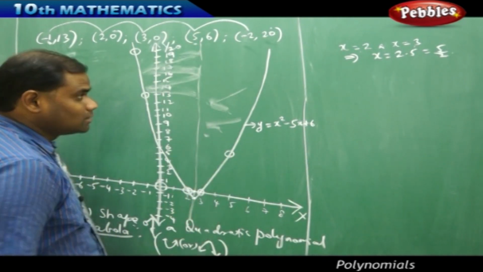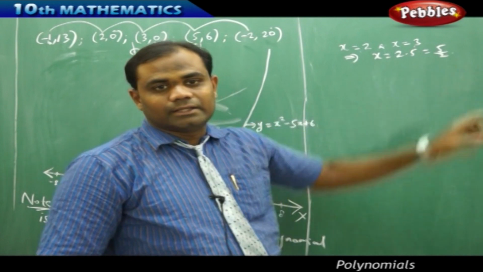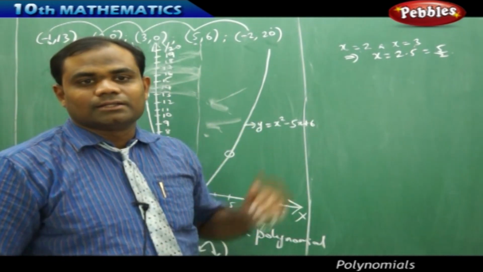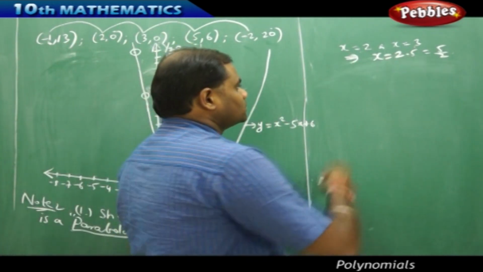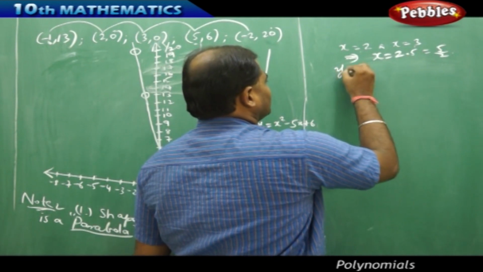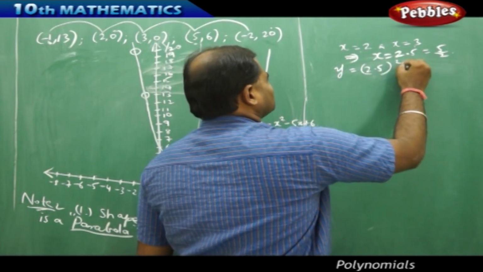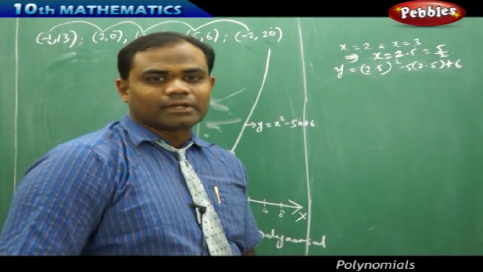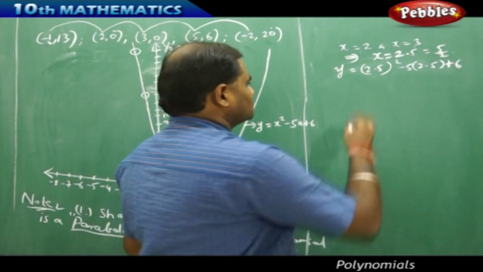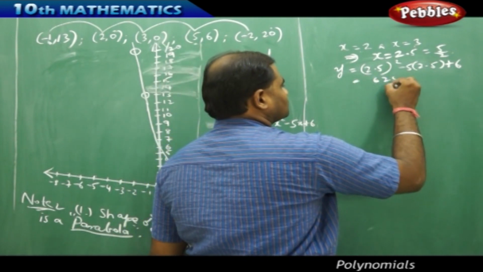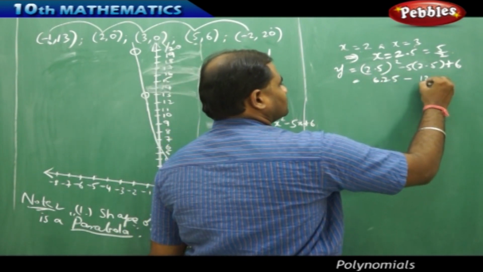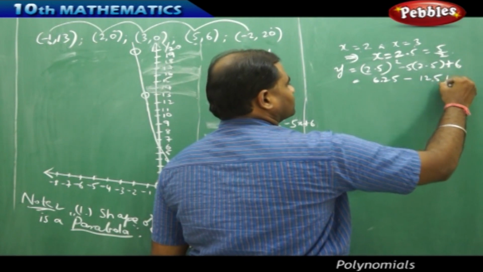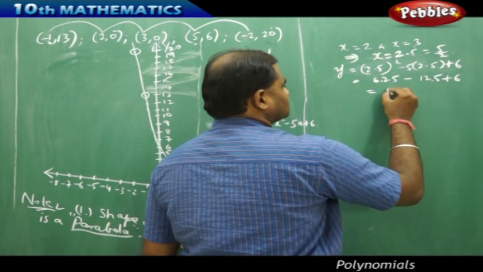So at this x equal to 5 by 2, I would find the y, and that coordinate will be the point where the parabola turns. Therefore, with this x, I get y as x squared minus 5x plus 6. This turns out to be 6.25 minus 12.5 plus 6.